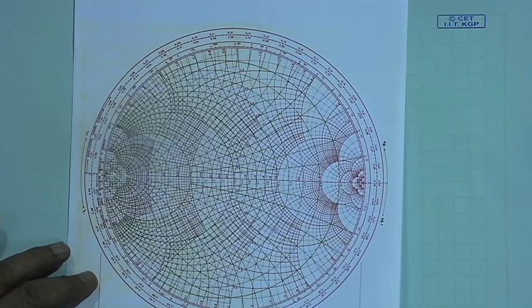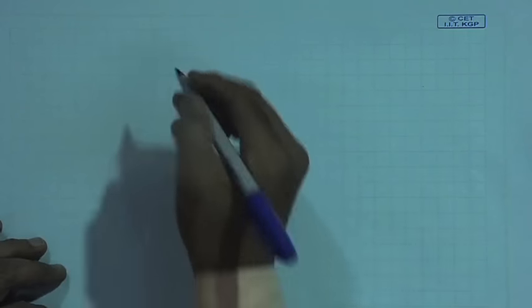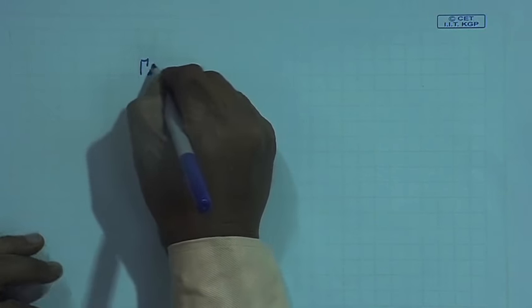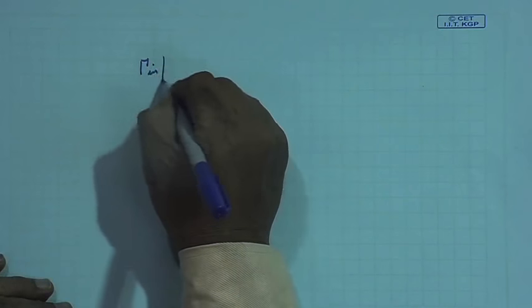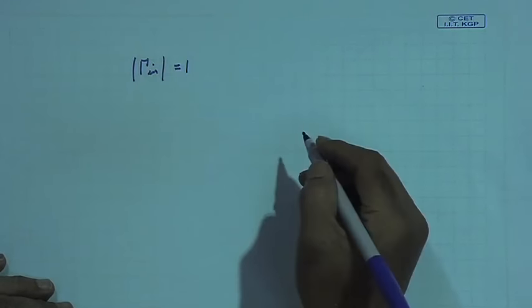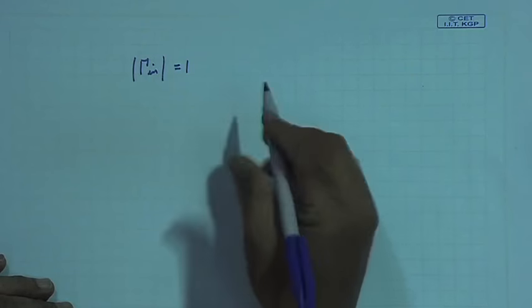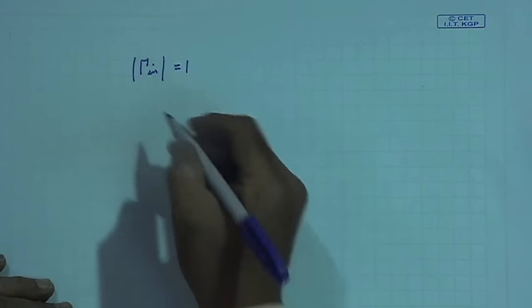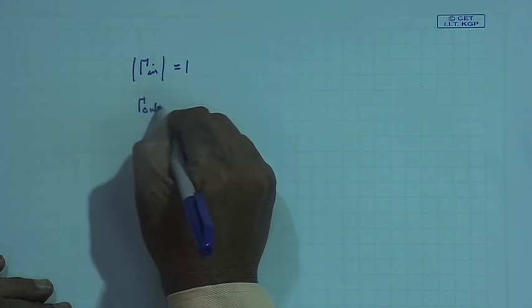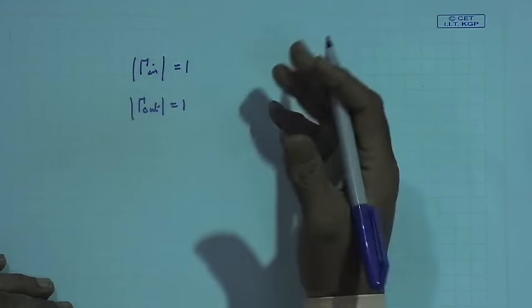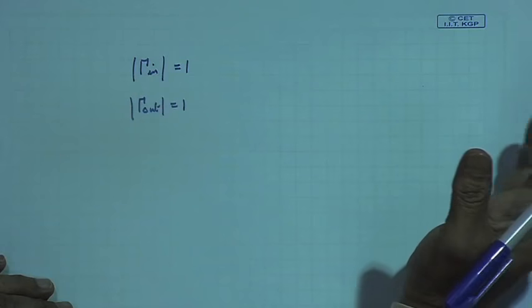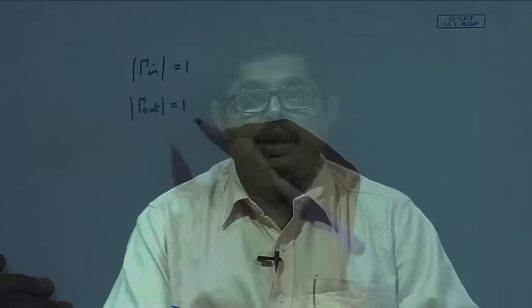So, this leads us to say that basically the border region is where the magnitude of gamma in is equal to 1. If we can locate this locus, similarly gamma out magnitude equal to 1, then we can divide the whole Smith chart into two regions. One will be the stable region, another the unstable region. From the stable region we will choose our gamma L and gamma S.